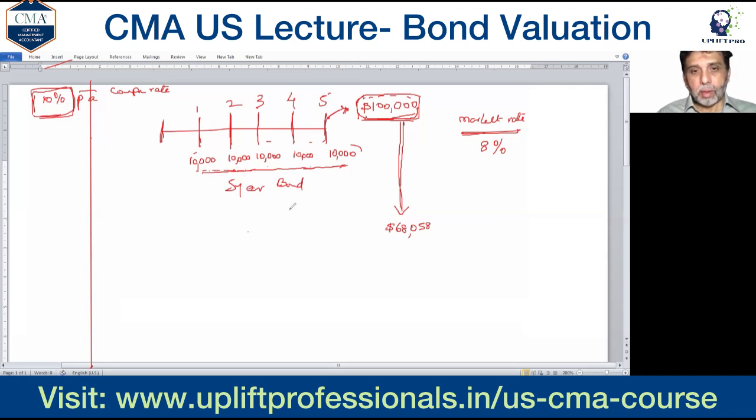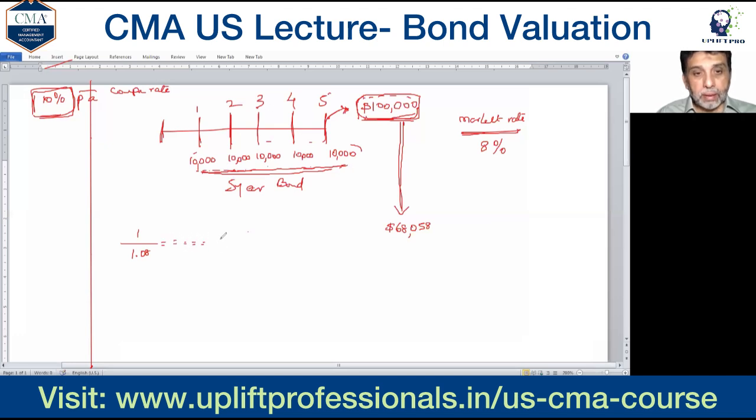Anybody got the present value of an annuity for these interest amounts? People who have the GT function, what they have to do is 1.1 divided by 1.08, then 1, 2, 3, 4, 5.